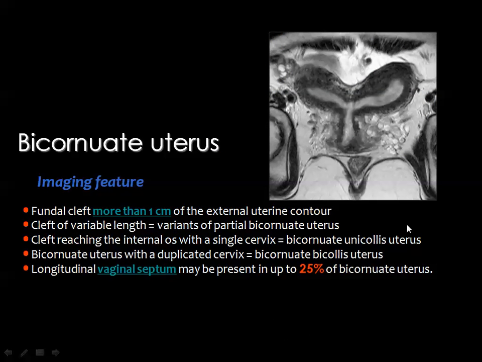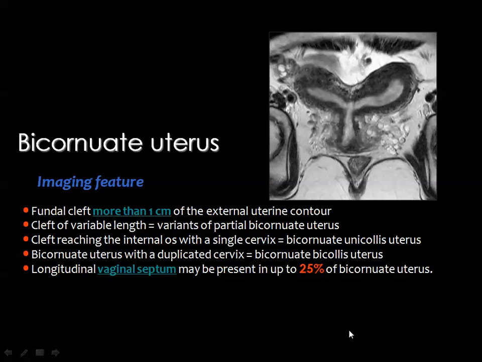And this is the appearance of the bicornuate uterus. There is a fundal cleft which is more than 1 centimeter from the external uterine contour. And you see, this is the body of the uterus. The body of the uterus on the right side, endometrial cavities, they are fused here into a single cervical canal.